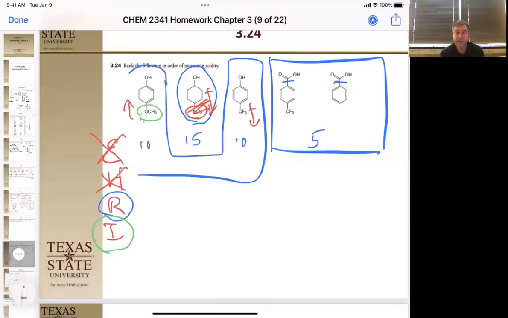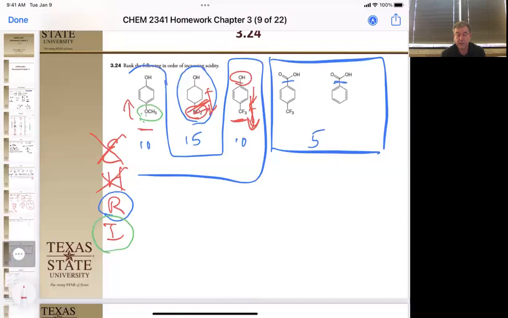Which one's going to help acidity? We want that negative charge to be more stable to make it more acidic. So in the case where we're removing electron density away from where the charge is going to be, we're going to increase its acidity. So this one's going to be more acidic than this one.